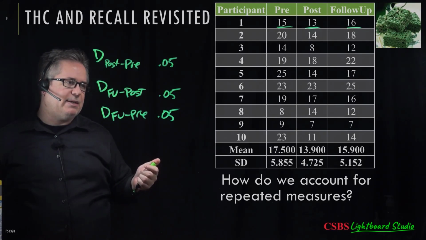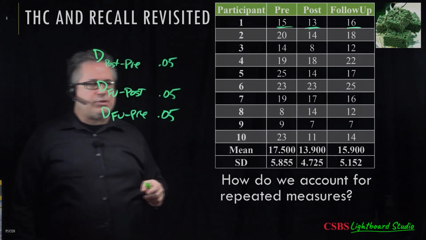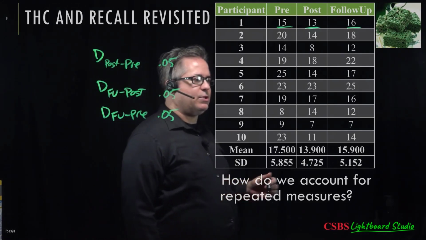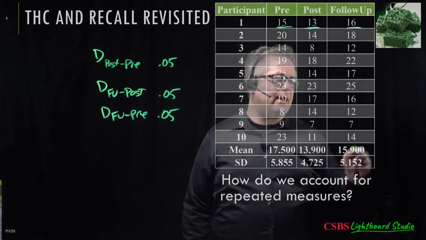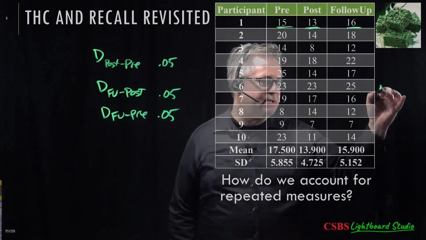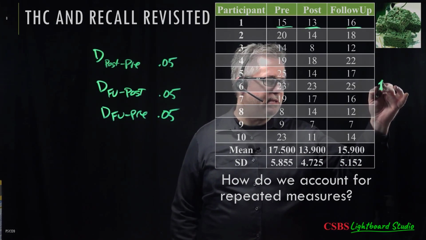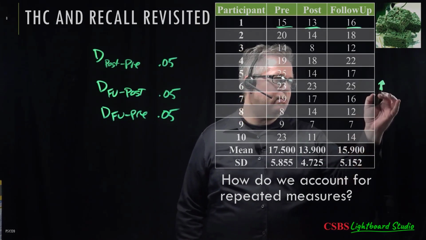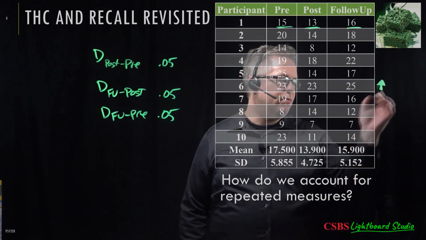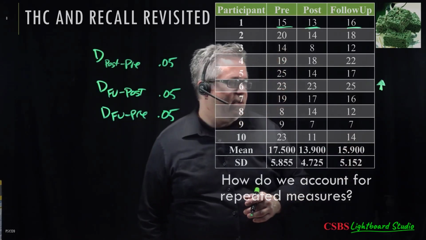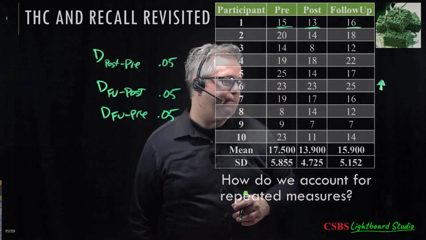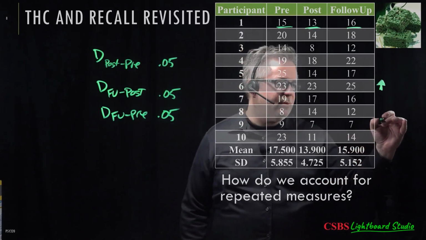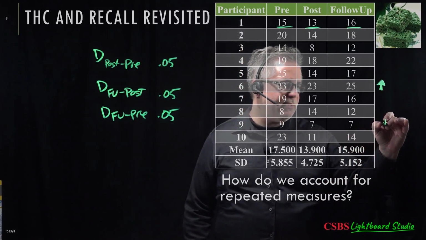I actually can average out their scores, and I can start to see if there's just people in general that have higher recall in general, right? They just are recalling more words regardless of what the condition is. This person down here, regardless of whether THC is in their system or not, they're not very good at recall.